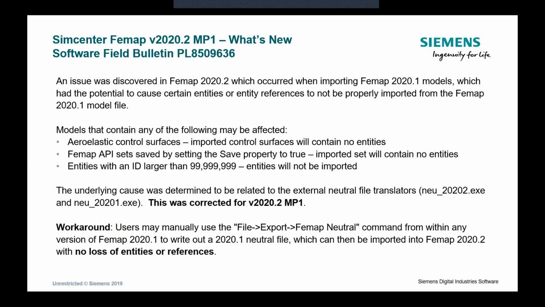Something to know about 2020.2, and if you need to know more about this, it's all in the Software Field Bulletin, the one that's listed here. Essentially, if you're using the external Femap neutral file converters, you could have an issue.